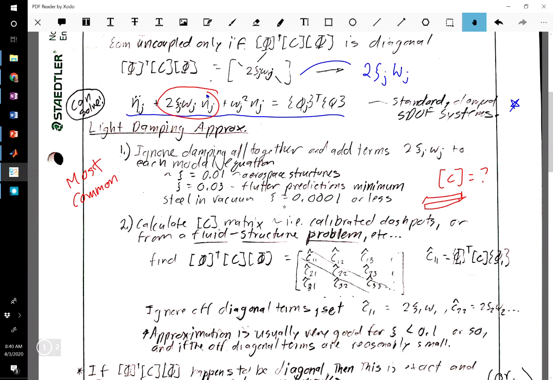So you can go look up numbers like that, and you can use those. For aluminum, it'll be a little higher. For plastics and rubbers, it would be a lot higher. And so you can look those things up.